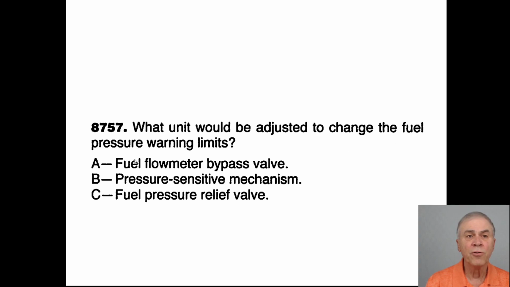In order to change fuel pressure warning limits, what unit do you adjust? The part that's actually sensing the pressure, that mechanism, that's what's going to be adjusted. It wouldn't be the indicator itself, it would actually be the warning light. So it would have to be the pressure-sensitive mechanism.